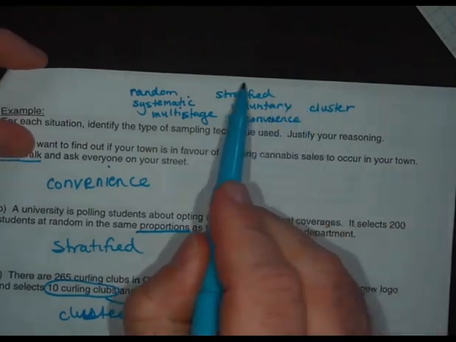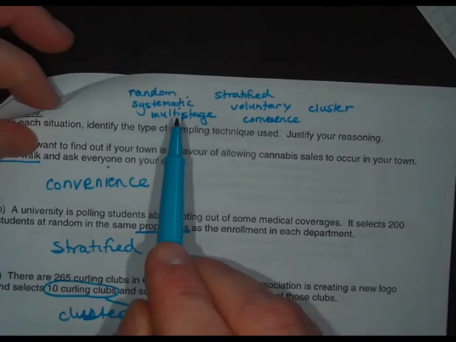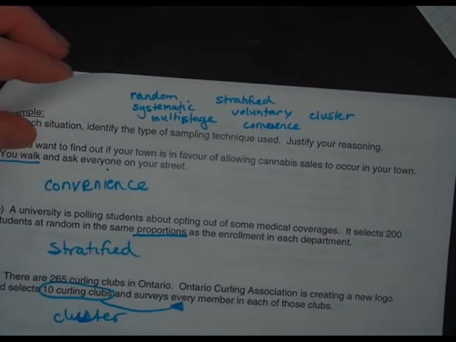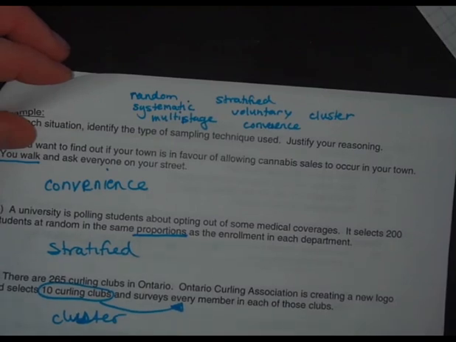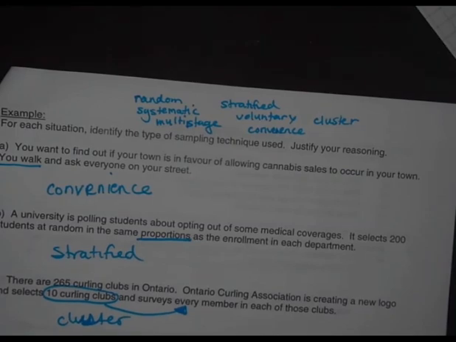I am not asking you to remember the names. I am asking you to apply that thinking to the scenarios that are occurring. Okay, so give the practice a go, and we'll talk soon.